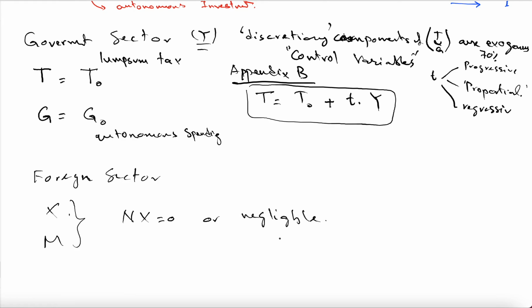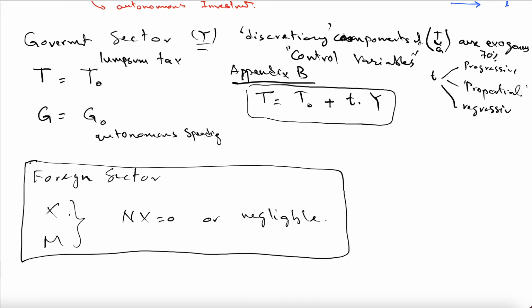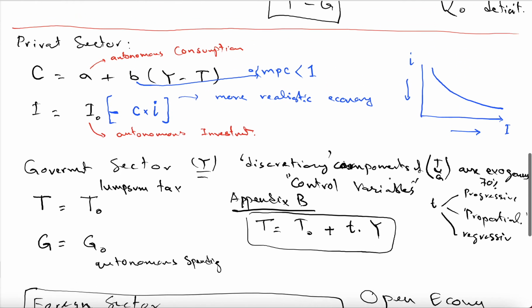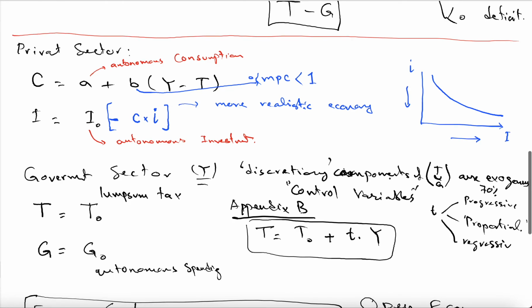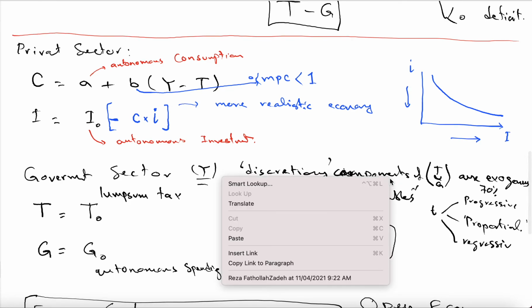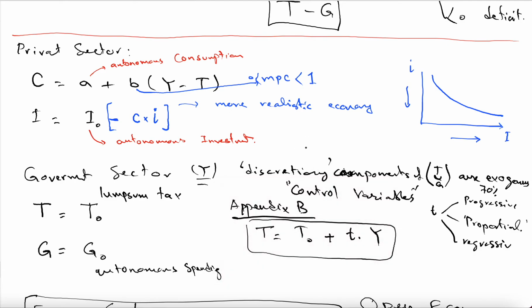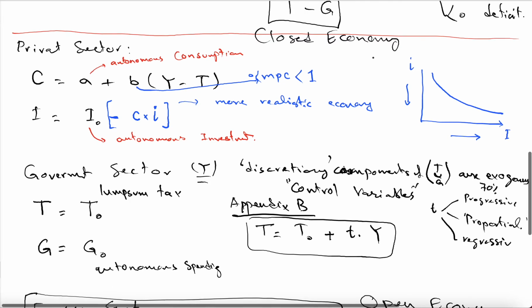Later, in other chapters, we will discuss the open economy. If we have only the private sector and public sector and no rest of the world, it is considered a closed economy. All right.